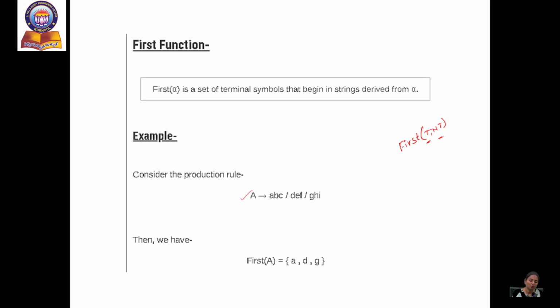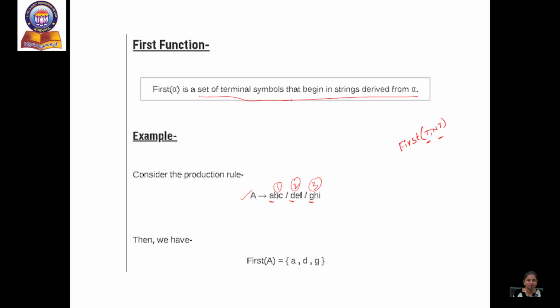Consider this production, where A derives three productions: production 1, production 2 and production 3. For this given production of A, find the first of A. As it is a set of terminal symbols that begin strings derived from that non-terminal, in these three productions we consider the first character of each production.